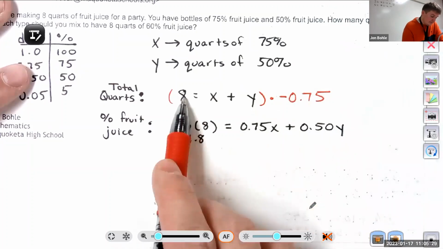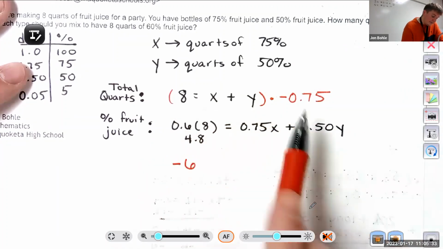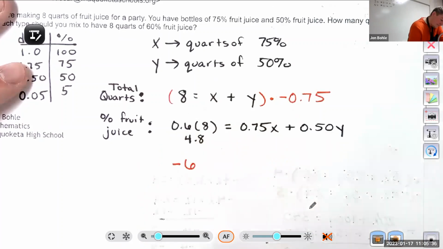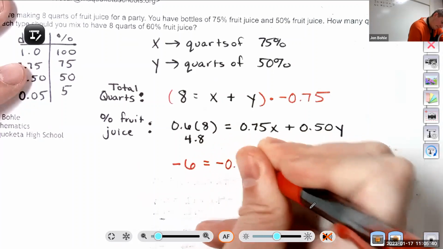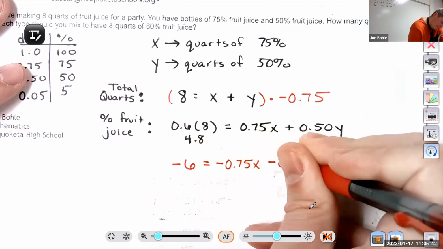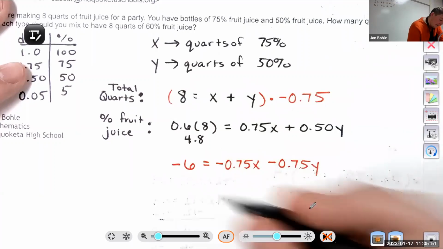Okay, so here this ends up being negative 6. You could take your calculator, negative 0.75 times 8. And then I'm just going to copy the equation written in black right below.